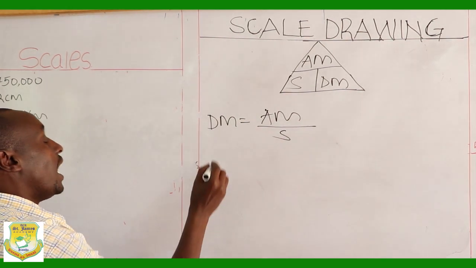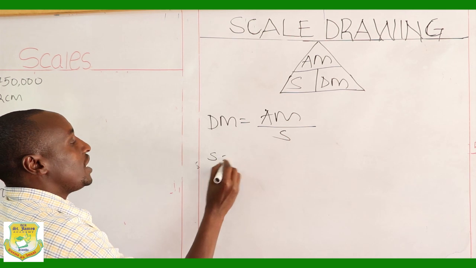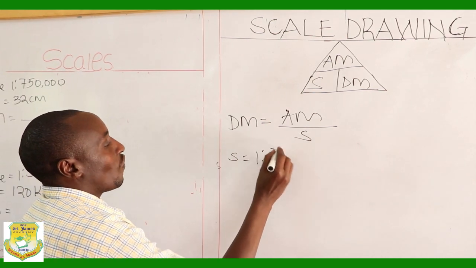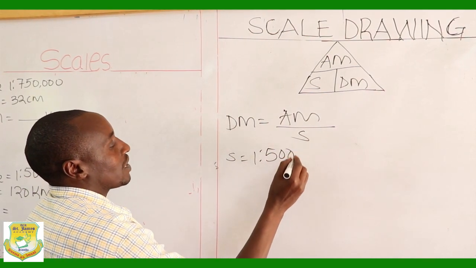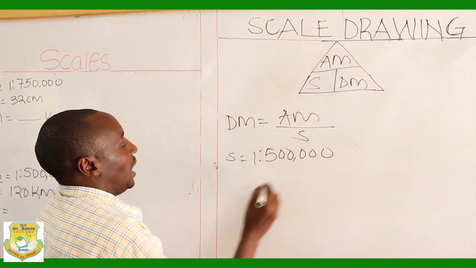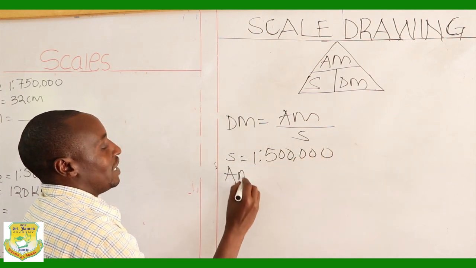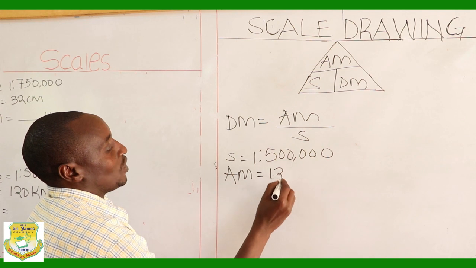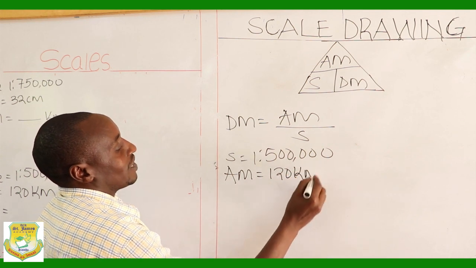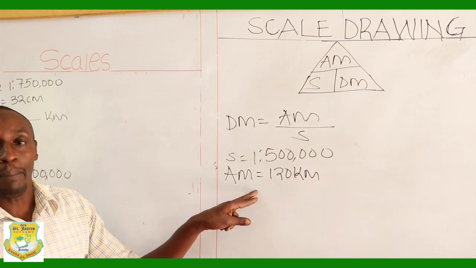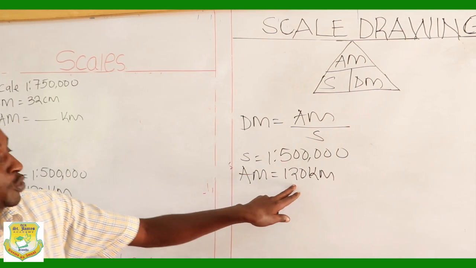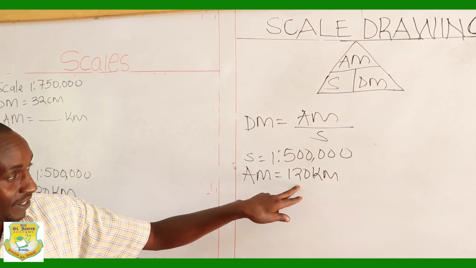So you are given the scale, which is 1 is to 500,000. And the actual measurement, we are given 120 kilometers. So we start by changing the actual measurement into centimeters.